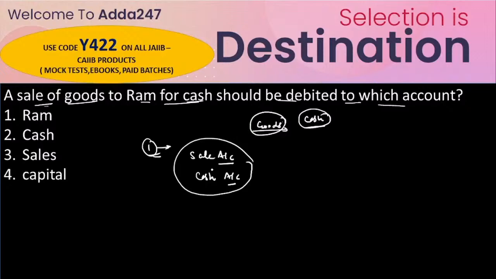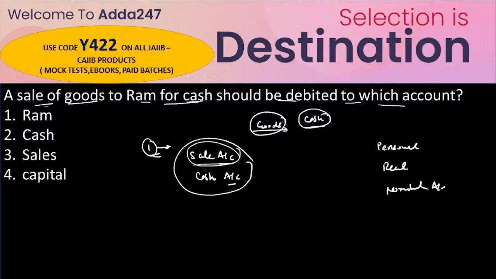After that we have to recognize the account related to which category, whether it is a personal account, or real account, or nominal account. We all know that the accounts are broadly categorized into personal account, real account, nominal account.